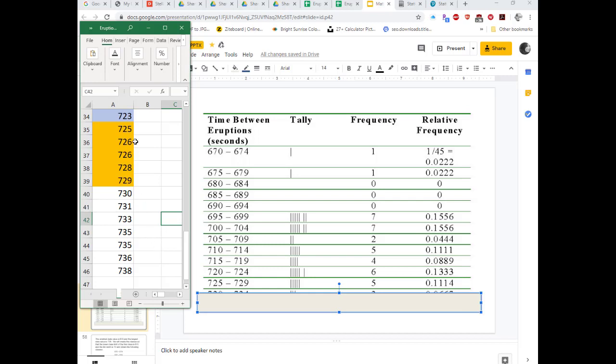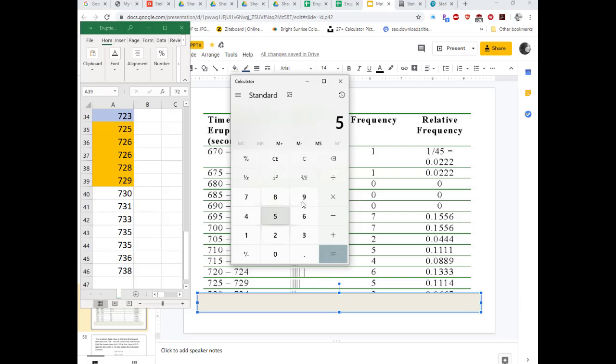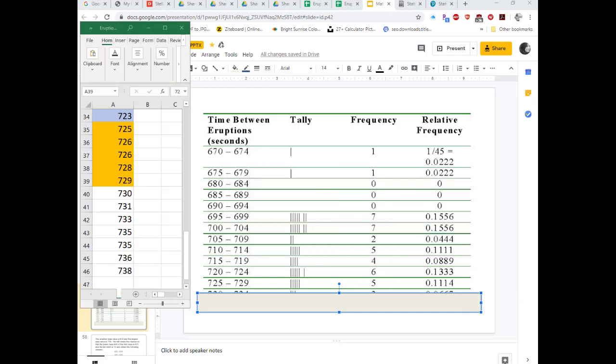They're not next to each other. So here I have 1, 2, 3, 4, 5 numbers. Again, I have 5 numbers. I already calculated 5 once before, so I know the relative frequency is 0.111. I don't know why that 4 is there. 5 divided by 45. Yeah, not sure where that 4 came from. It should be a 1.